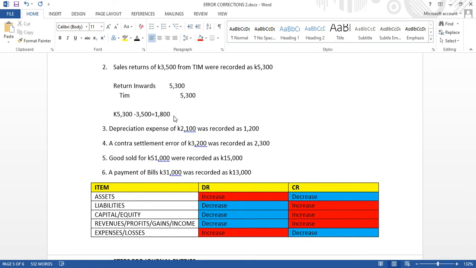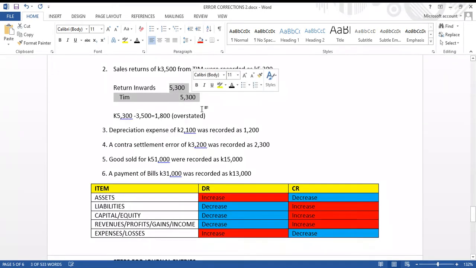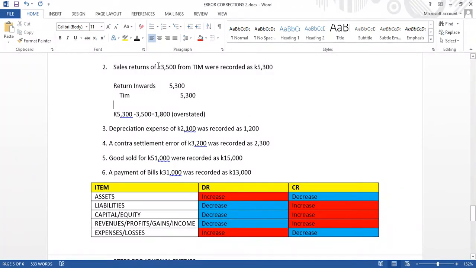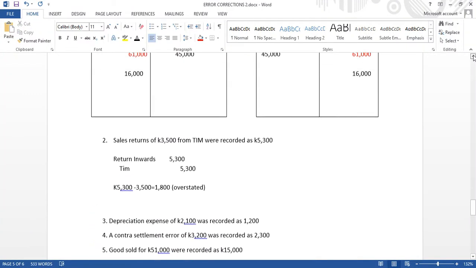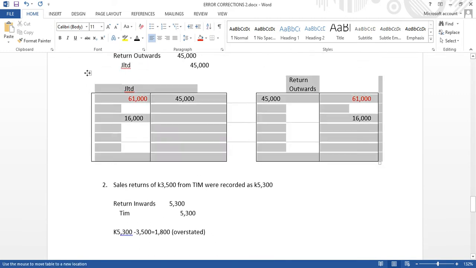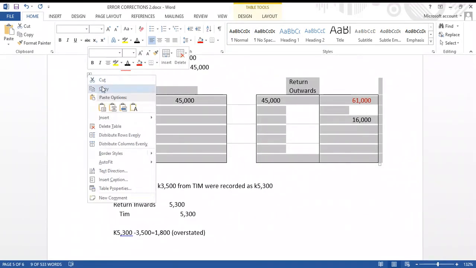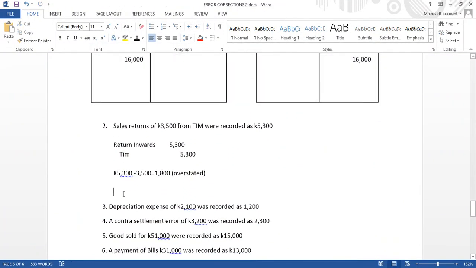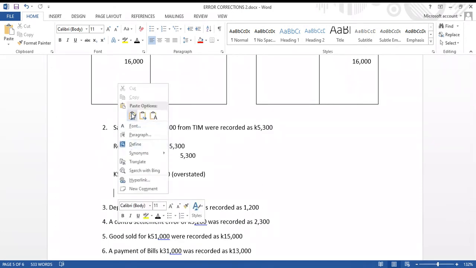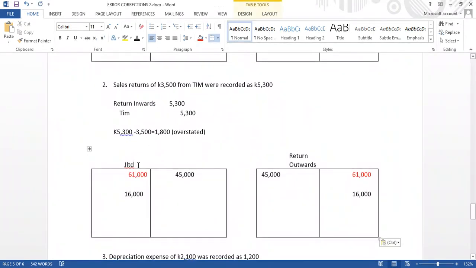So our entries have been overstated by 1,800. We're going to need to reduce both of these entries by 1,800 to get our correct amount, 3,500. Let's look at it in terms of T-accounts.